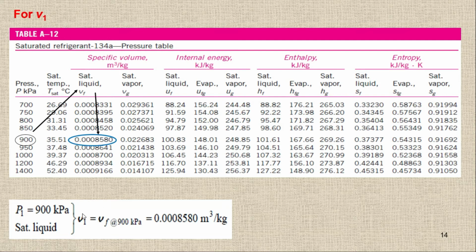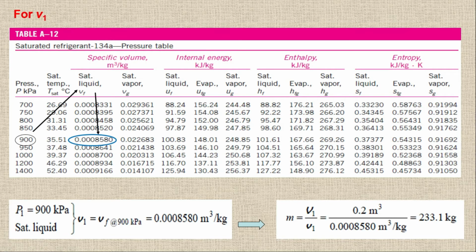With the help of volume and specific volume, we can find the mass. So mass is equal to the volume upon the specific volume. So this is 200 liters or 0.2 meter cube divided by the specific volume, and you will get the value of 233.1 kilogram.